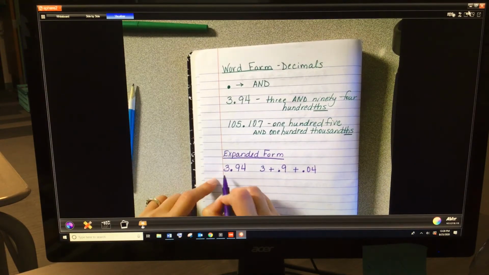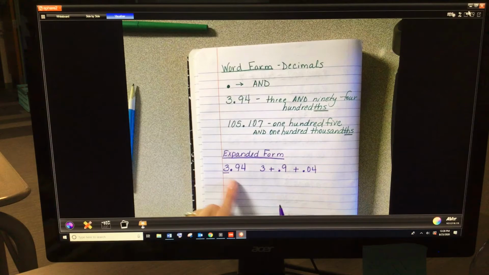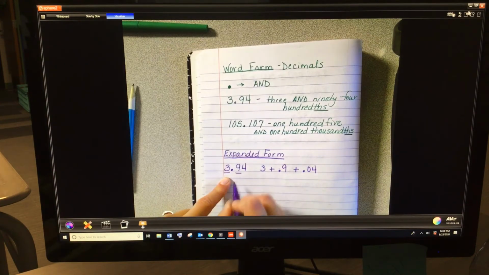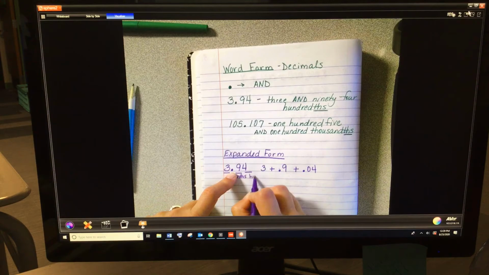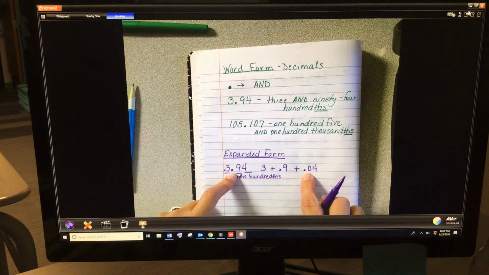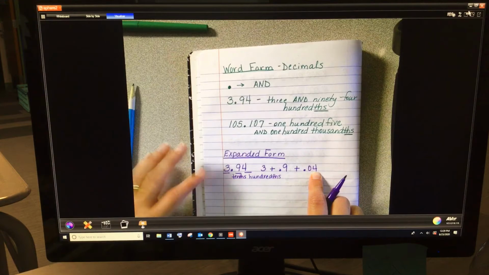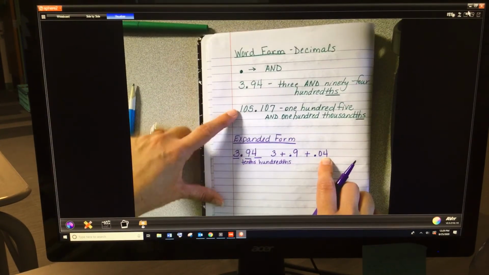Again, we took this as in the ones, so it's just 3, plus the 9 is in the tenths, so we had 9 tenths, and then the 4 is in the hundredths, so we had 4 hundredths. I'm just going to say 4 hundredths. Okay? All right, this is exactly what you did in 4th grade. I'm hoping you're remembering. All right, let's try our second number.